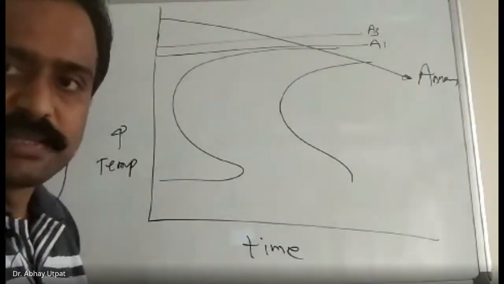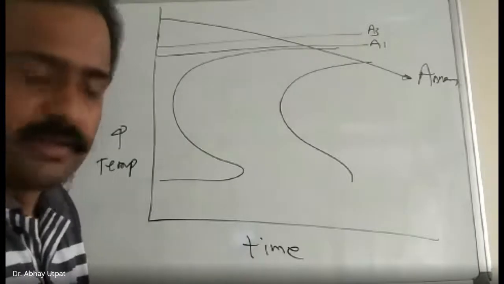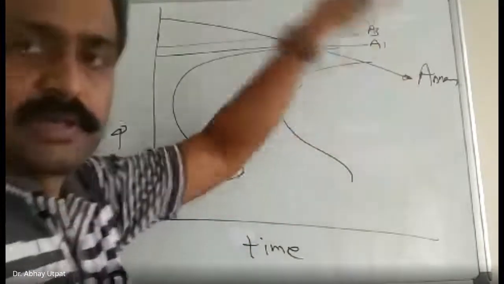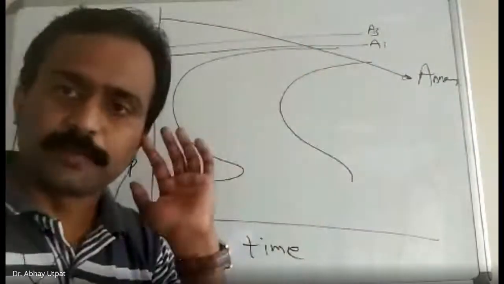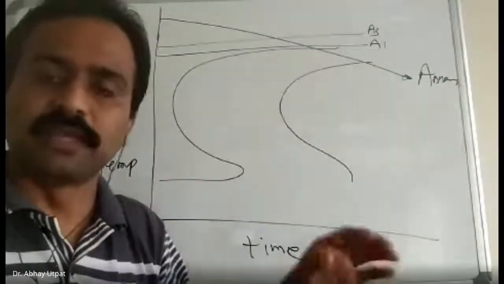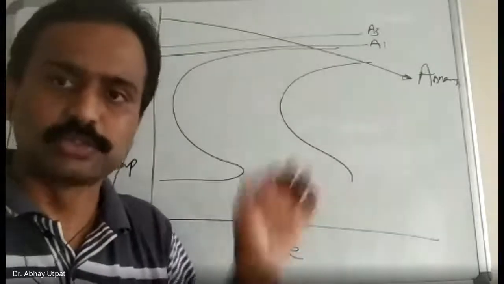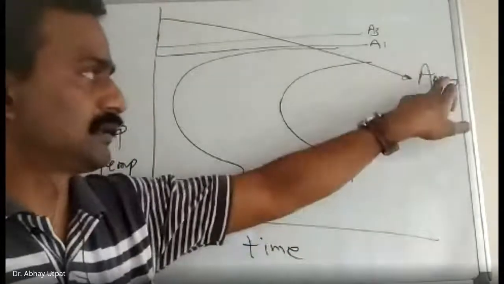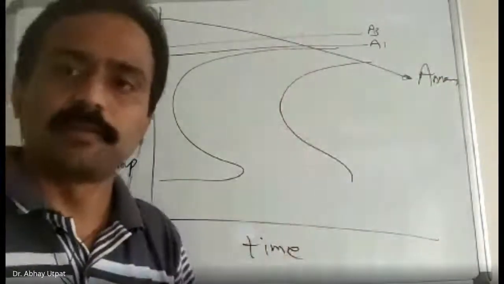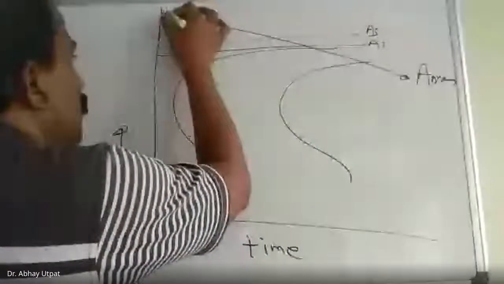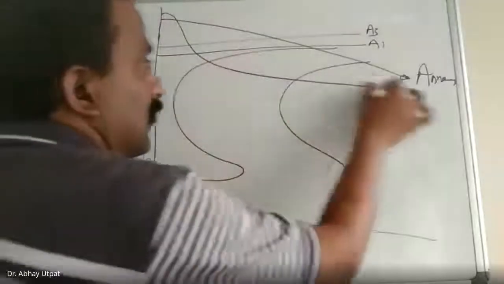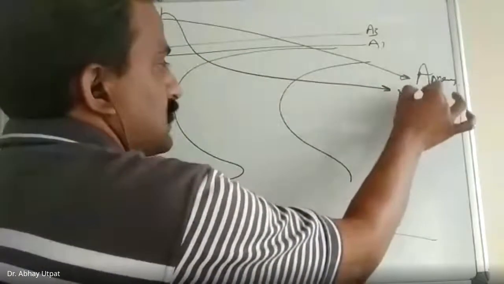Normalizing is a little faster, air cooling. Annealing consists of heating the samples to the predetermined temperature, soaking them for sufficient time, and cooling in furnace or in insulating material. That is annealing. Normalizing is air cooling, so it will be a little faster, and it is normalizing.